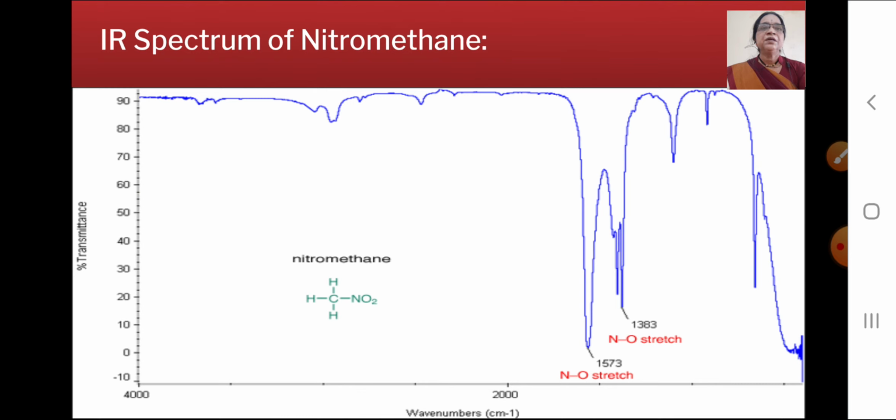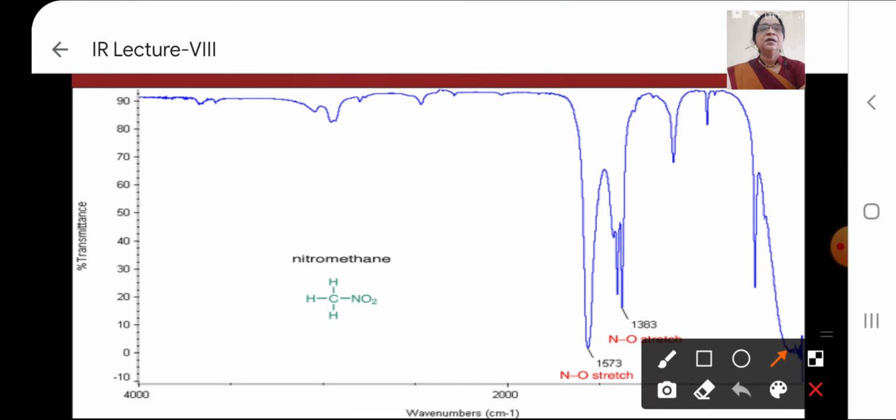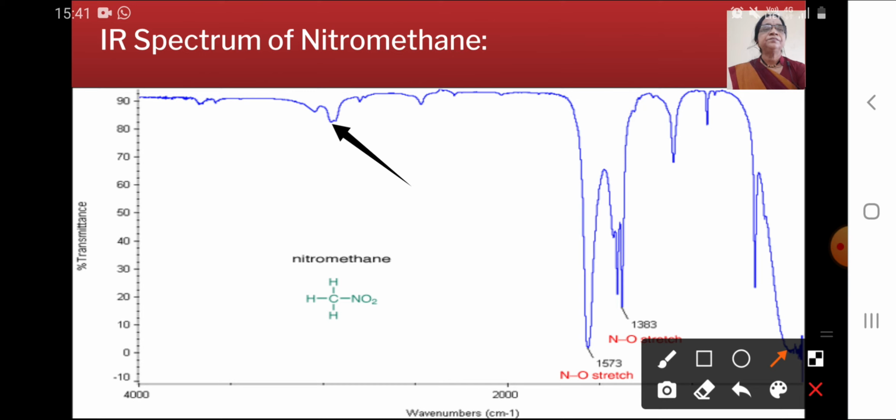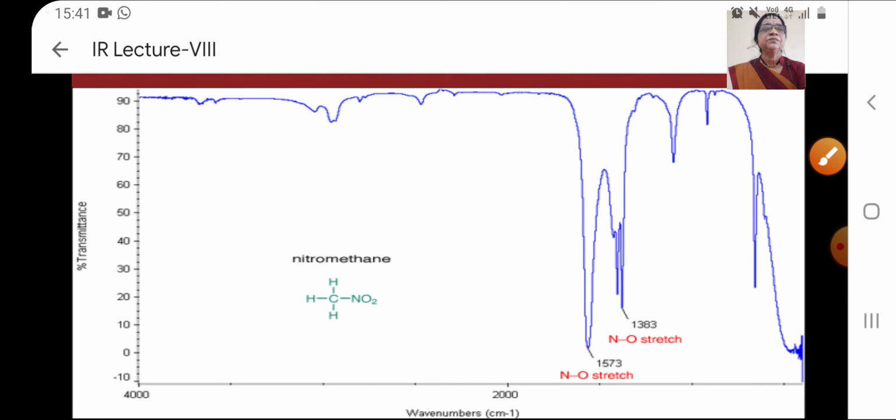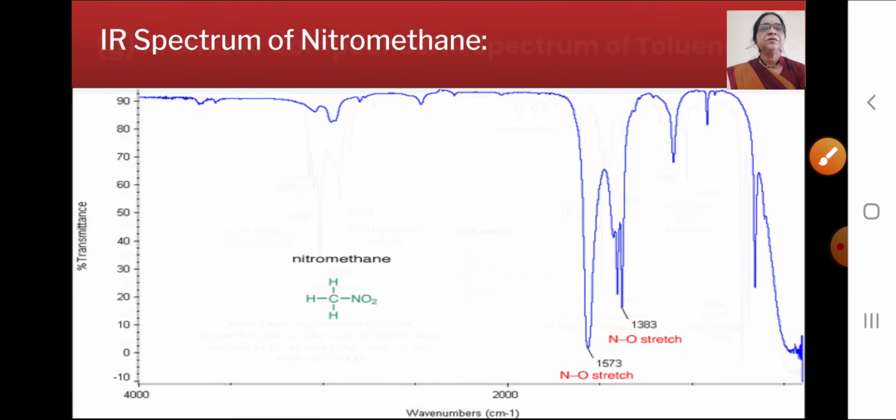Now see the IR spectrum of nitromethane. It also shows two NO stretching bands, at 1573 and the second one at 1383. The CH stretch is observed here due to the CH3 group.